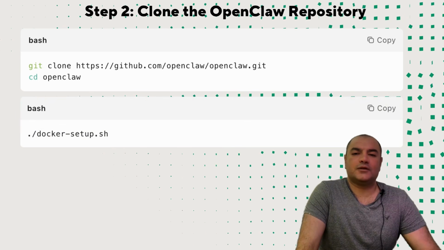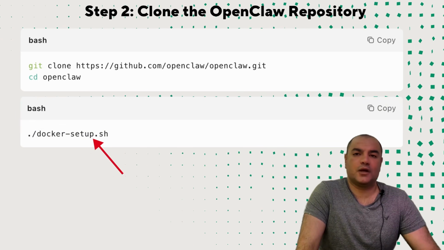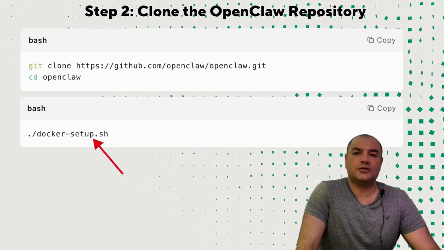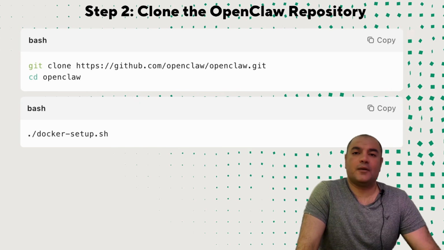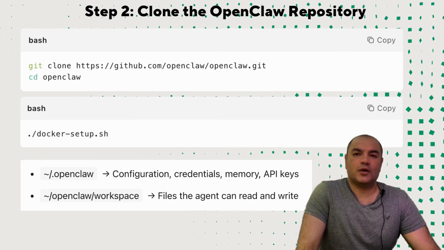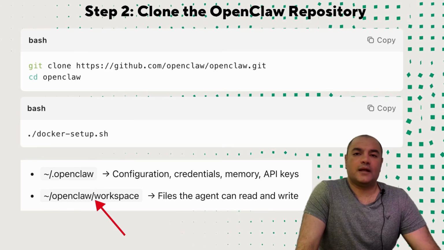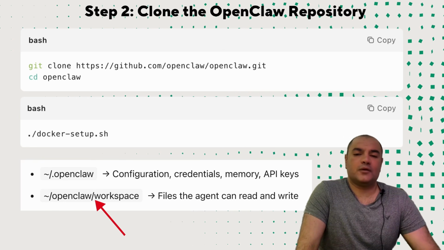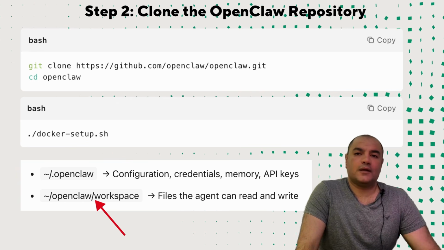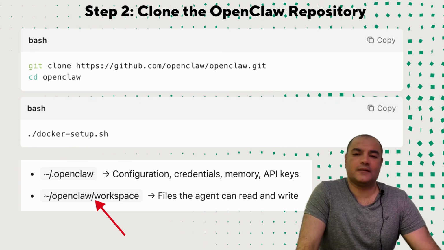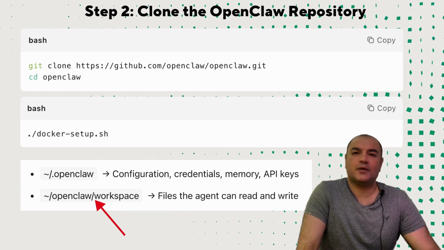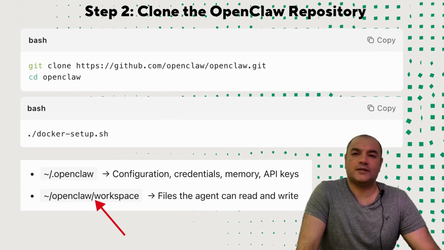Now run the Docker setup script, ./docker-setup.sh. This script does several things automatically. It builds a local Docker image called openclaw-local. It creates the data directories for you at home named .openclaw and a workspace folder inside the openclaw folder. That folder is for Docker Compose with proper volume mounting.